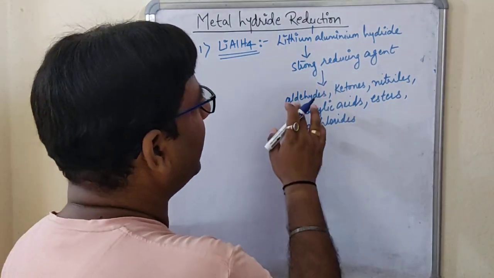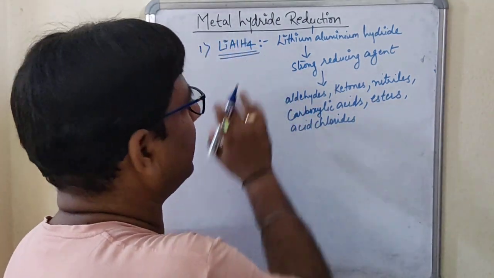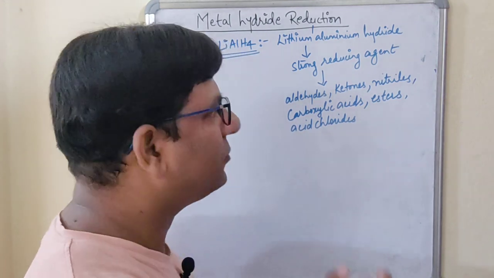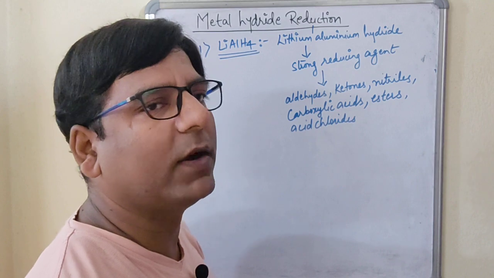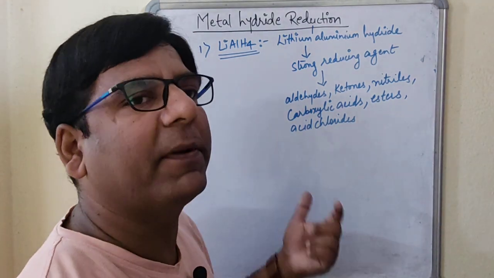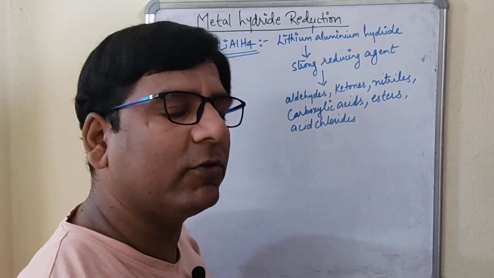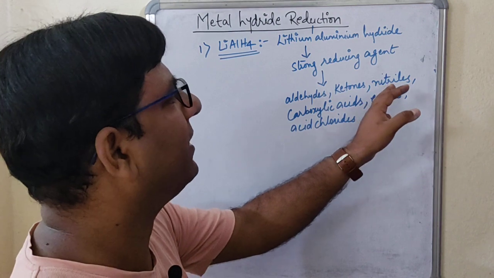Okay, aldehyde, ketone. If you reduce this aldehyde using this reducing agent, it will get converted into what? Primary alcohol. So students, always remember that the aldehyde gets reduced into the primary alcohol. When it comes to the ketone, it will give you the secondary alcohol. Okay, and so on, this nitrile is there.